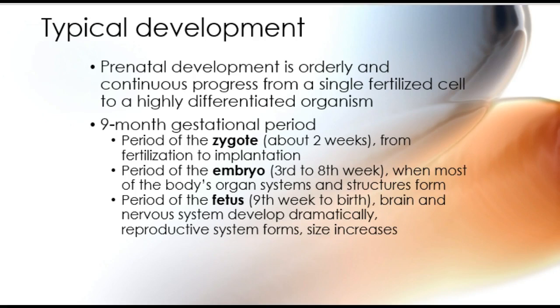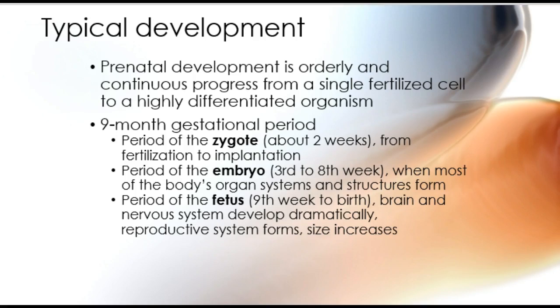The 9-month gestational period, or the 40 weeks, begins with the period of the zygote, about 2 weeks from fertilization to implantation. The period of the embryo is from about the 3rd week to the 8th week. That's when you start seeing the sex differentiation happen, when most of the body's organs, systems, and structures are forming. And then finally, the period of the fetus is from the 9th week until the birth.